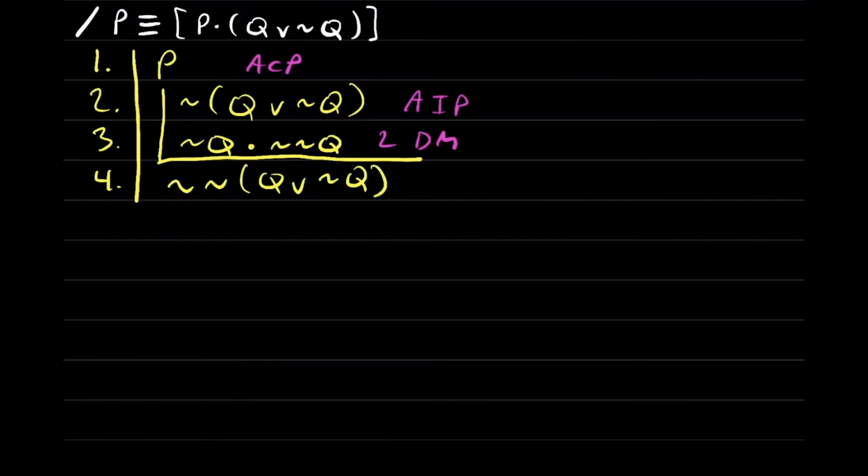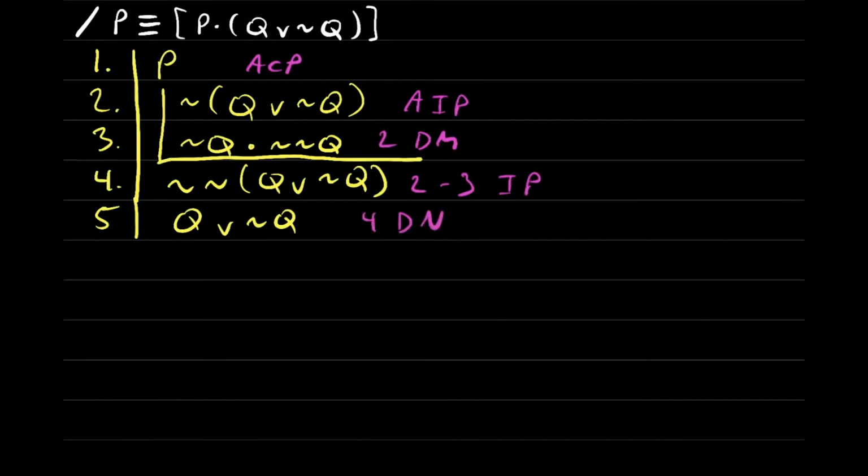That's going to be lines 2 through 3 by indirect proof. Pretty straightforward. And I'm going to get rid of that double negation. So Q or not Q on line 5, still inside the scope of that outer conditional proof sequence. So line 4 by double negation.